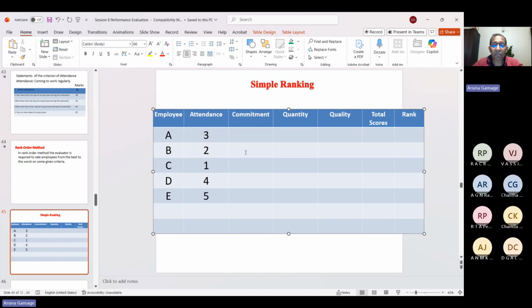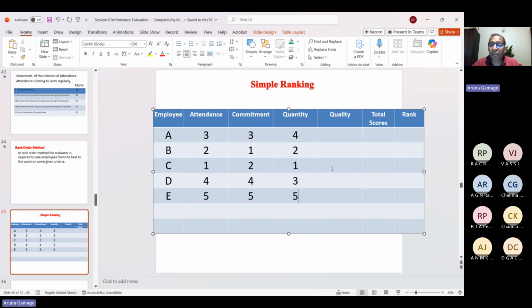In terms of commitment, I rank B as number 1, then C number 2, number 3, number 4, and number 5. In terms of quantity, I rank C as 1, B as number 2, then D as number 3, A 4.